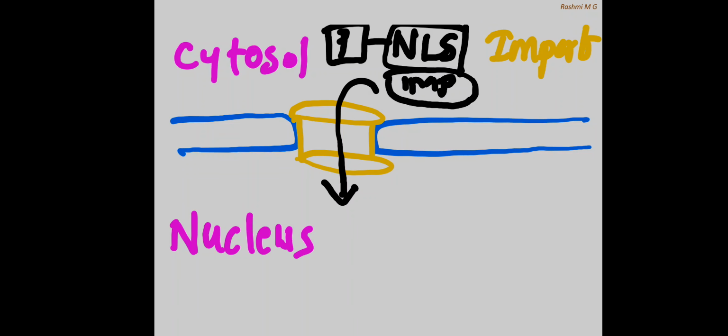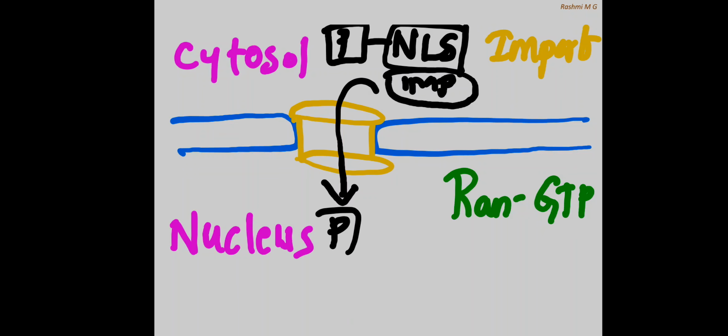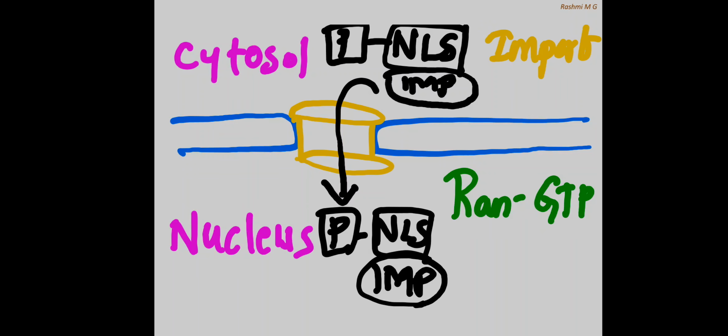In the nucleus there is RAN GTP. Imagine the protein with NLS attached to the importin is here now. So this RAN GTP binds with the importin.